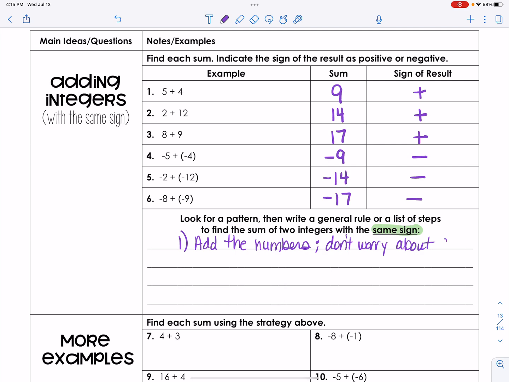Just ignore the signs. You're going to add the numbers and then keep the sign of the original numbers. If the signs are the same, you add them together and keep the sign.